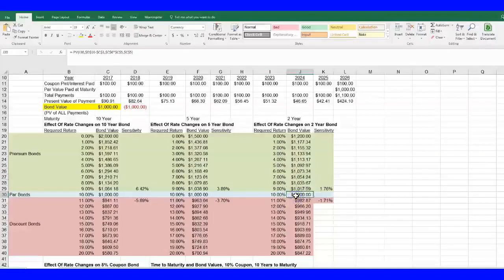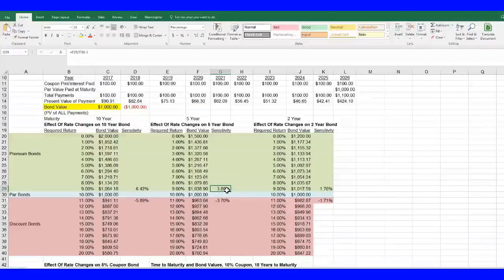However, for the 2-year bond, a 1% decrease in the required return from 10% to 9% changes the value of the bond from $1,000 up to $1,017, or a change of 1.76%, which is less than the same effect for the 5-year bond, which was 3.89%.